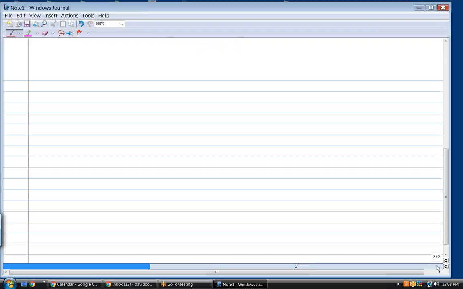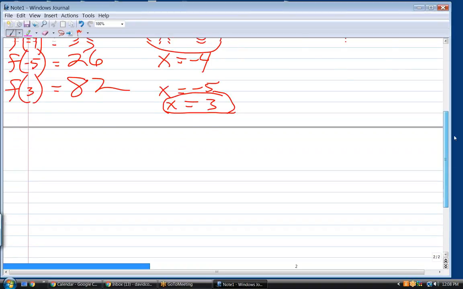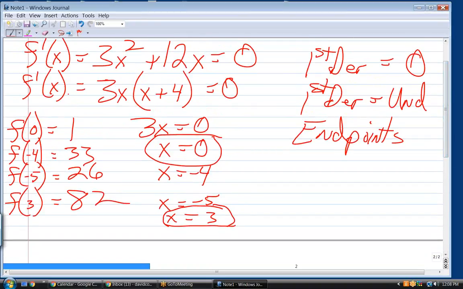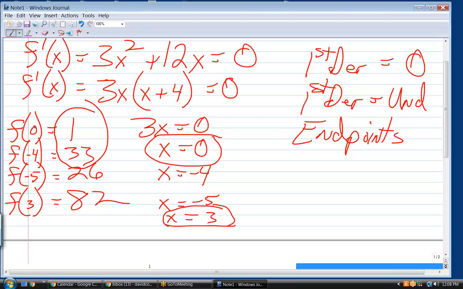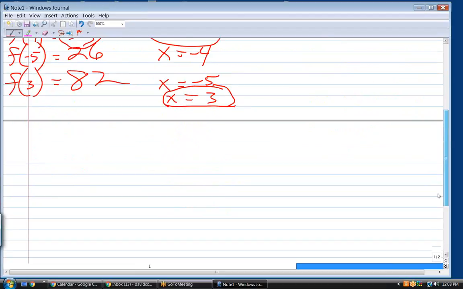If you got that problem wrong, you probably only used the two points where the first derivative is 0. In other words, you probably put the minimum at 1 and the maximum at 33. You've got to use the endpoints.